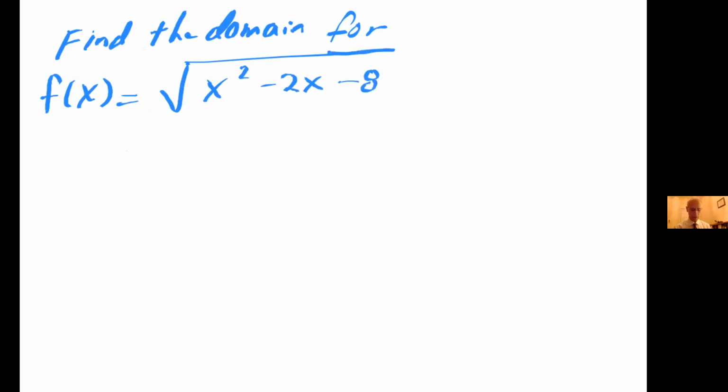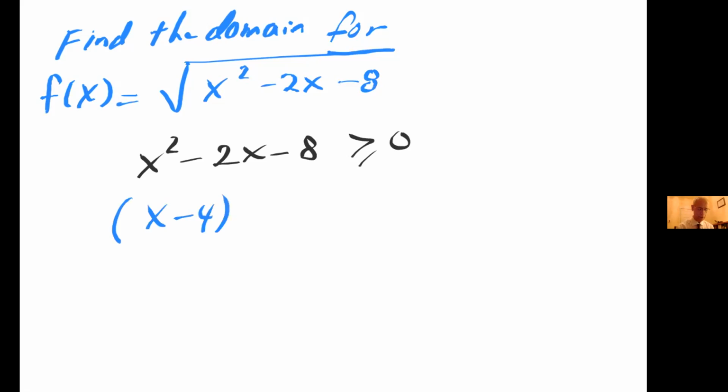Now here I know that x to the second minus 2x minus 8, collectively, must be greater than or equal to 0. If I factor the left-hand side, I get x minus 4 times x plus 2, and that has to be greater than or equal to 0.